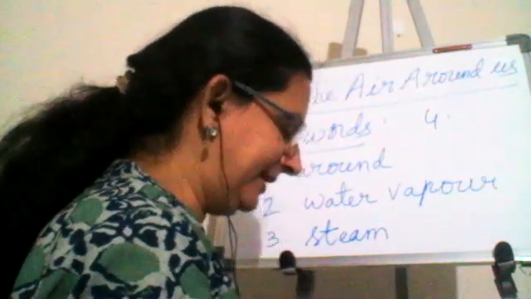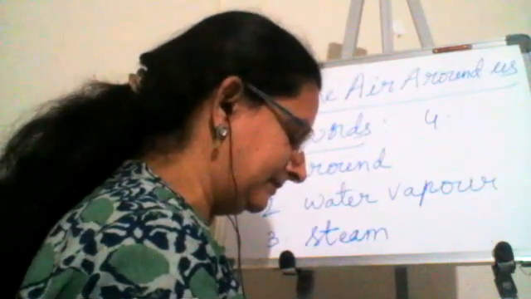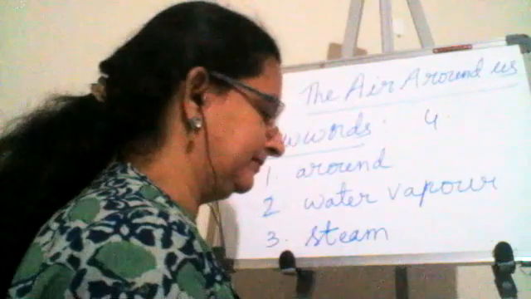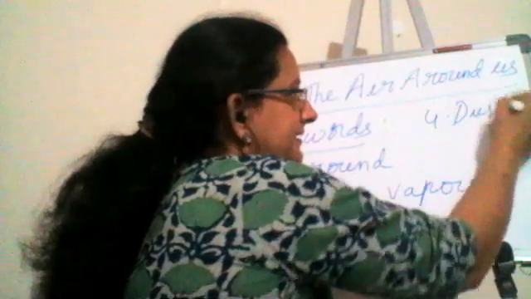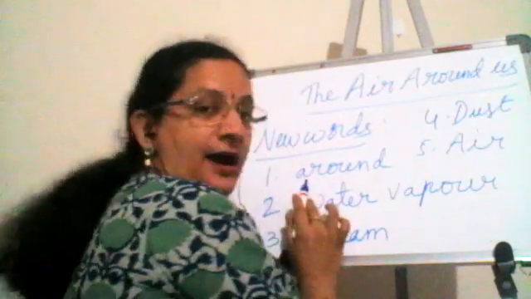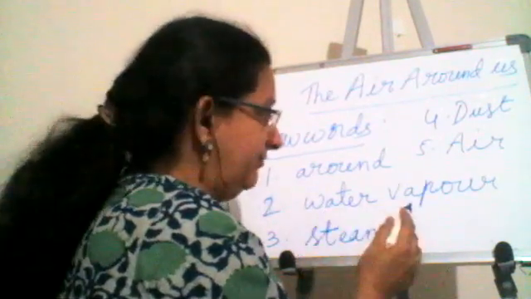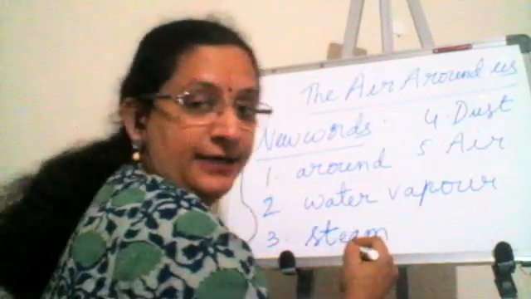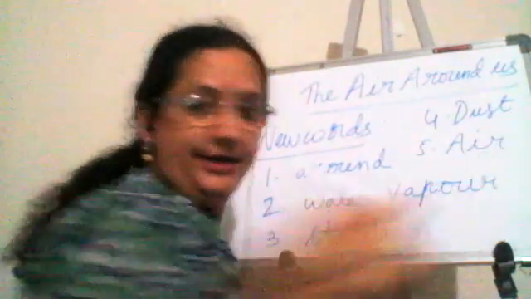Next, you have to write dust. Air. So write down around, water, vapor, steam, dust, air.